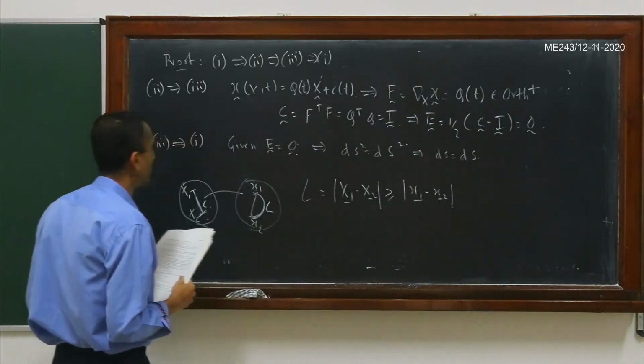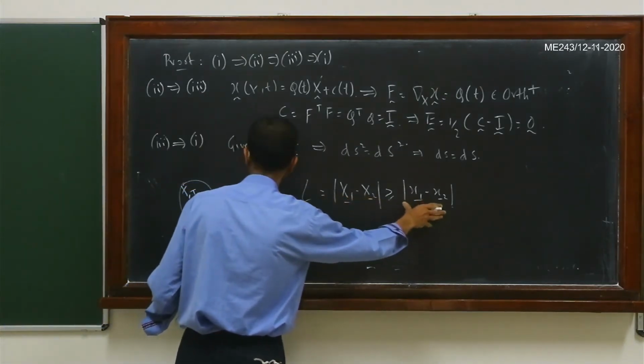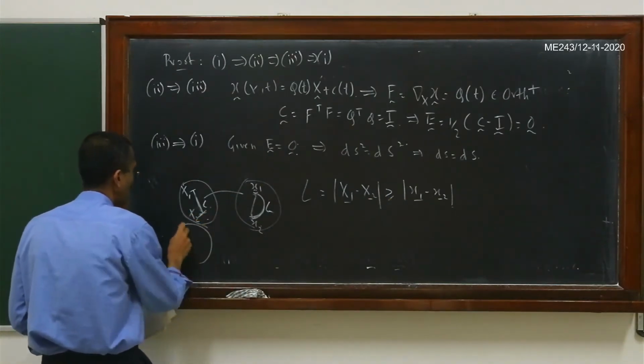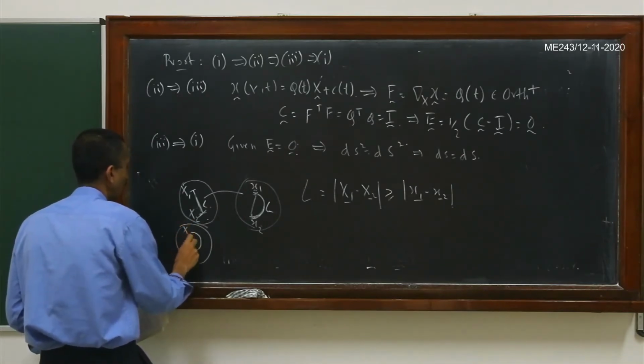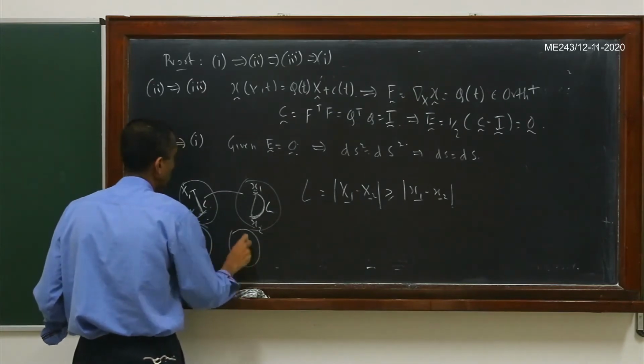Okay, then similarly, what we have shown is that this |x1 minus x2| is greater than or equal to this |x1 minus x2|. Now, take the other scenario where you take a curve that is connecting this x1 and x2, and now it goes into a straight line here.